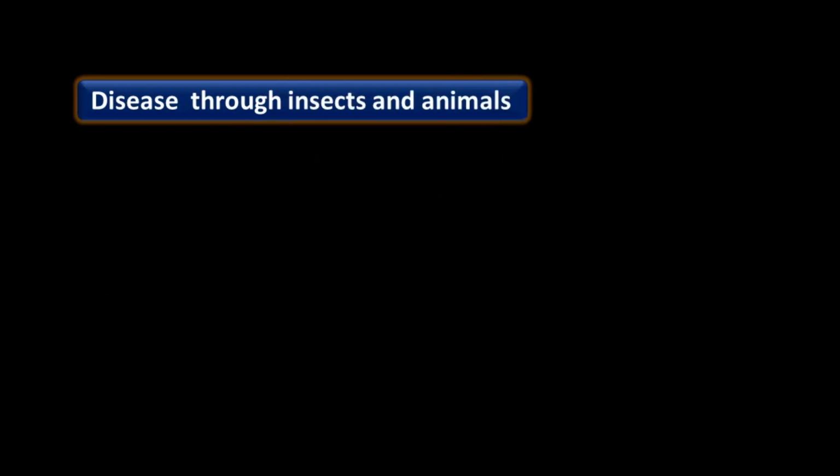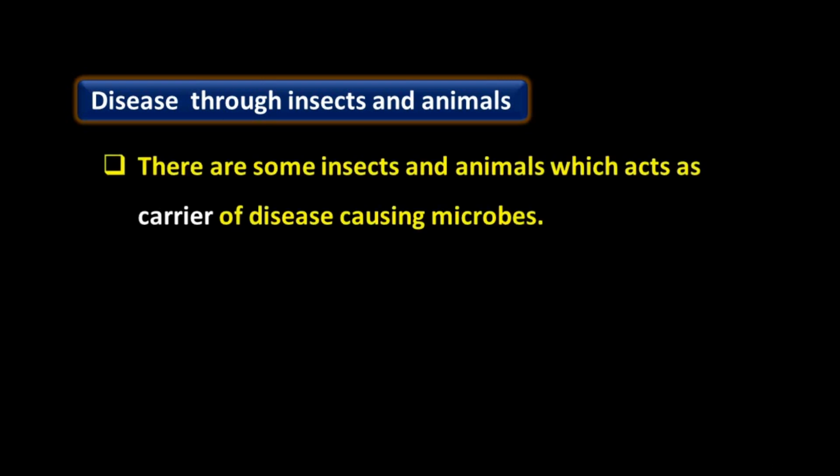Disease spread through insects and animals. There are some insects and animals which act as a carrier of disease causing microbes. These microbes are present in the body of insects and animals, and through these insects and animals, these microbes enter the healthy person's body.